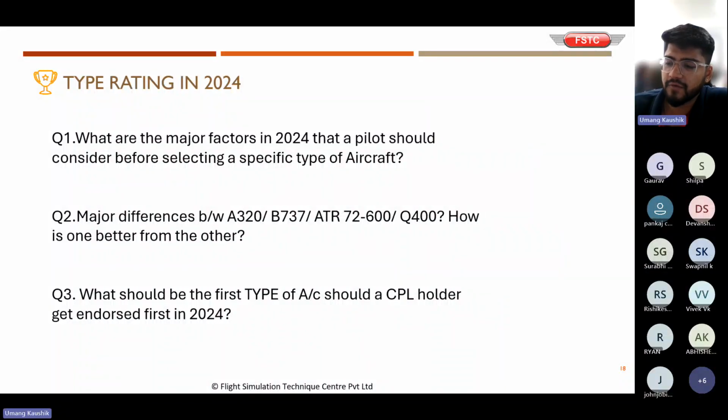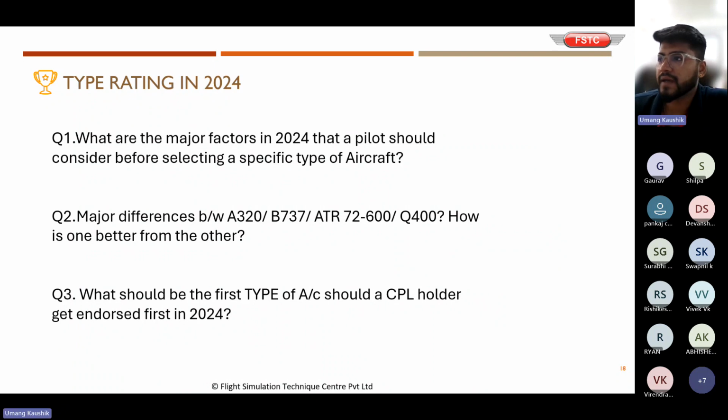Obviously there is money involved in it, right? And the money the airlines charge for conducting your type rating is very different from when you do a type rating by yourself. And I'm not saying do it with FSTC, do it wherever you want. But when you do your type rating self-sponsored, it's easier on your pockets.